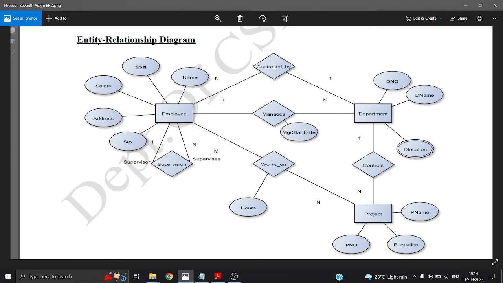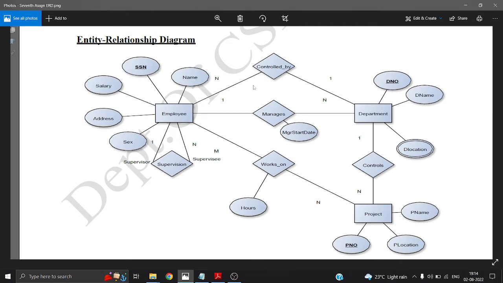As I told you in most of my lab assignments, we can give any kind of name to the relationship. Here they have given the relationship name as controlled by, but in your textbook the same relationship is named works for. That means one employee works for one department, whereas in one department more than one employee is going to work.